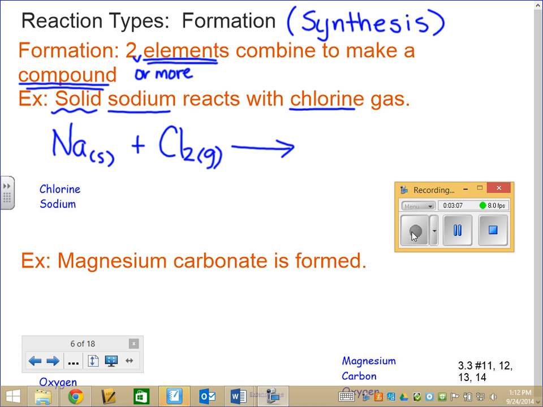Since in this reaction I have an element and another element, the most probable thing that will happen is that those two elements will combine to make a compound. So what will it look like when they combine? Well, one of them is a metal and one of them is a nonmetal. That means when they combine, I'm going to have an ionic compound.